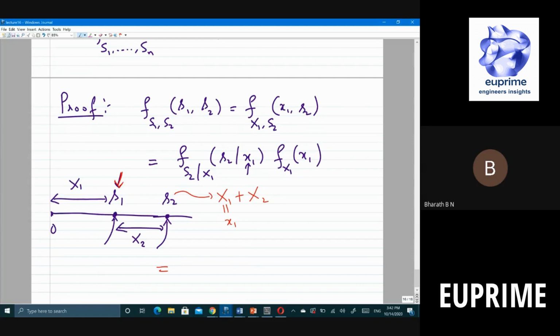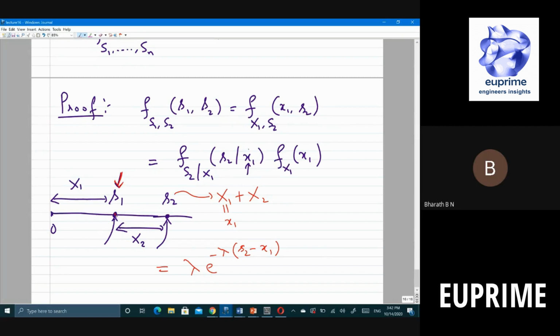So this S2 given S1 would be what? It's exponentially distributed, λ times, well, it's not really x2, but it's S2 minus x1. Do you agree? Why is this?